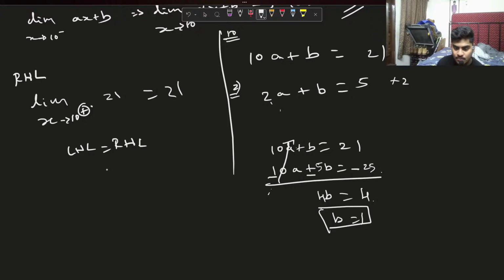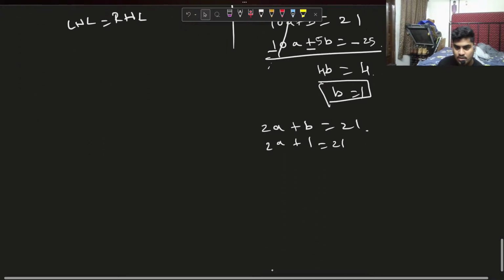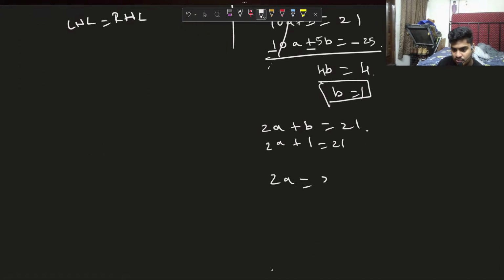So 10a plus b is equals to 21, so 2a plus 1 is equals to 21, 2a is equals to 20, no. I am making the same mistake.